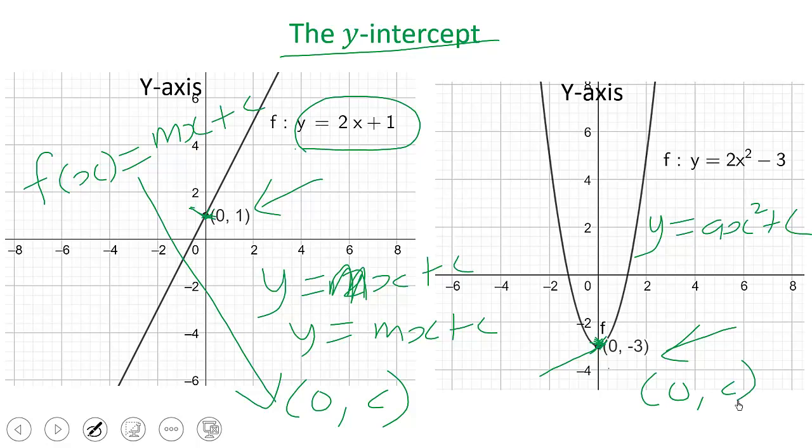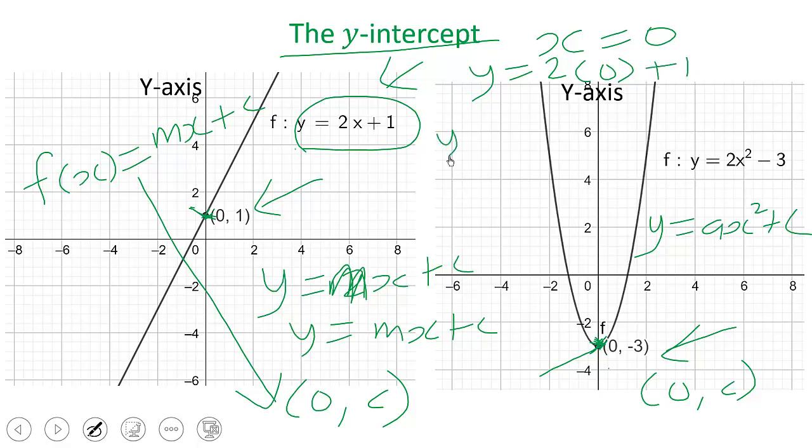Another way you can find the y-intercept, if you don't know the graph of the equation, is to plug in x equals 0 into the equation. So when you plug in x equals 0 into the equation y equals 2x plus 1, you get y equals 2 times 0 plus 1.